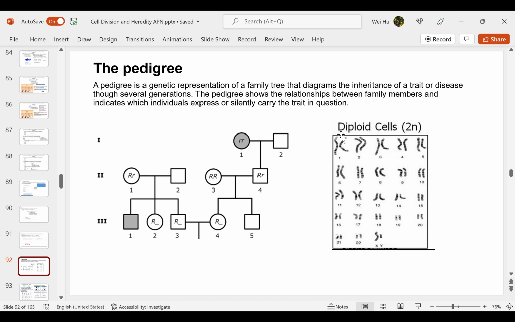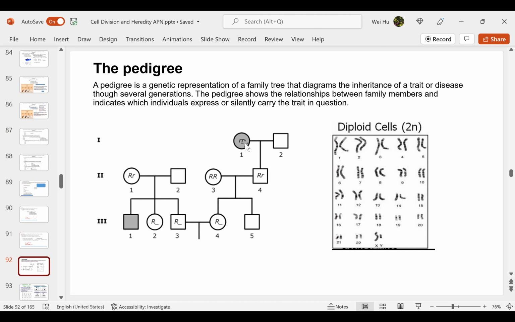Okay, in your body cells, you should have pairs of chromosomes. You have 23 pairs, right? So whether they show dominant or recessive really depends on, number one, the combination of the genotypes.